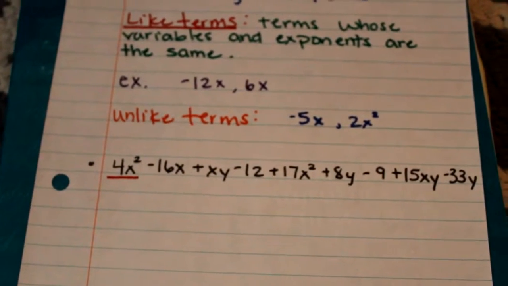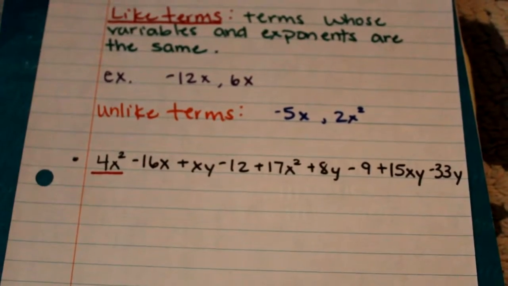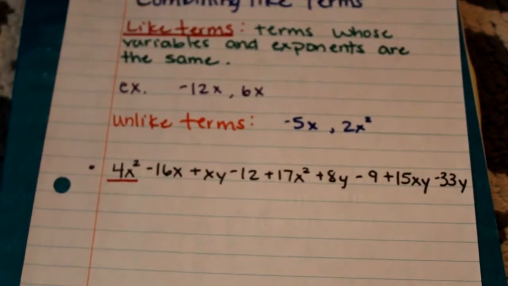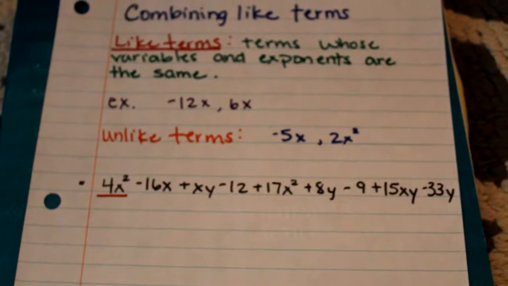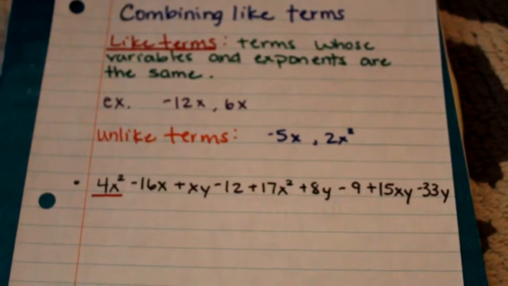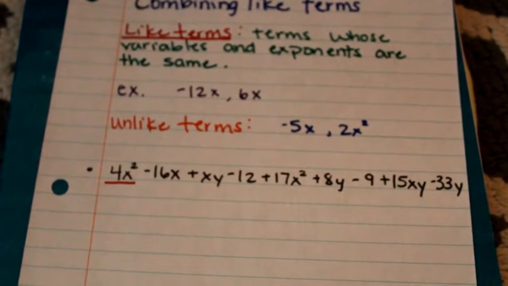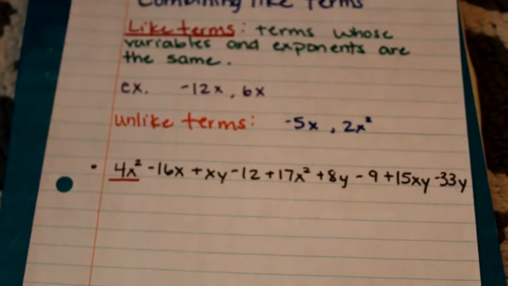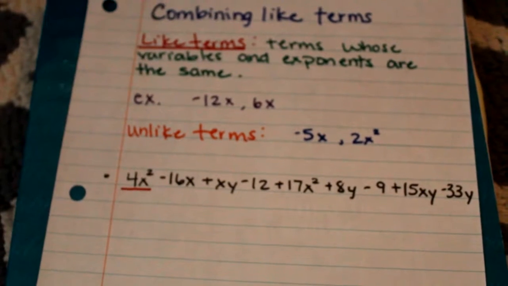Okay, so given the problem 4x squared minus 16x plus xy minus 12 plus 17x squared plus 8y minus 9 plus 15xy minus 33y.